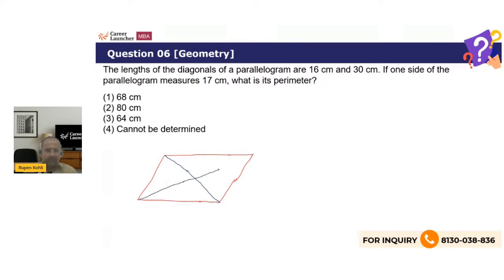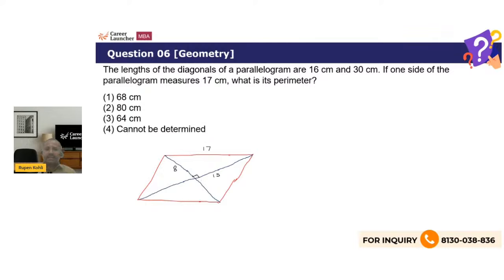We know that the diagonals of a parallelogram bisect each other. So if the diagonals are of length 16 and 30, then this will be 8, this will be 15, and one of the sides is measuring 17. So 8, 15, 17 is a Pythagorean triplet. It means that the diagonals are intersecting at 90 degrees. This is a right angle triangle over here.